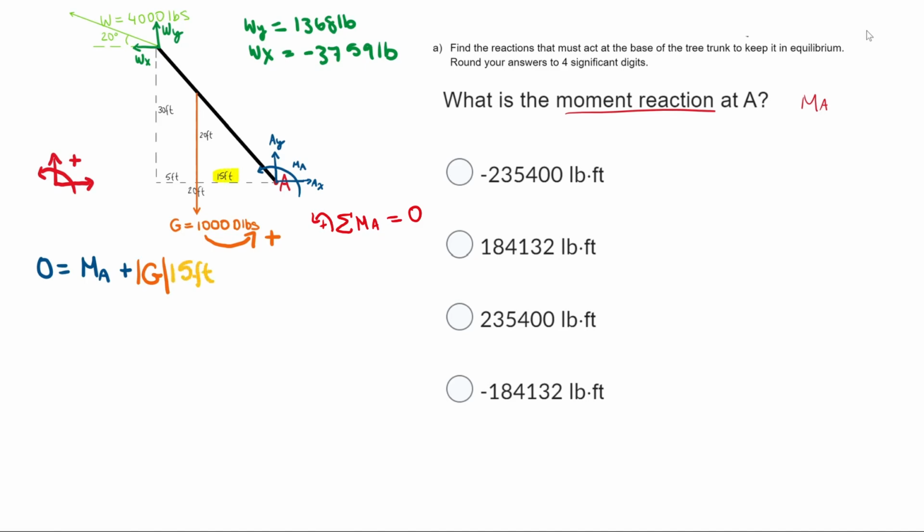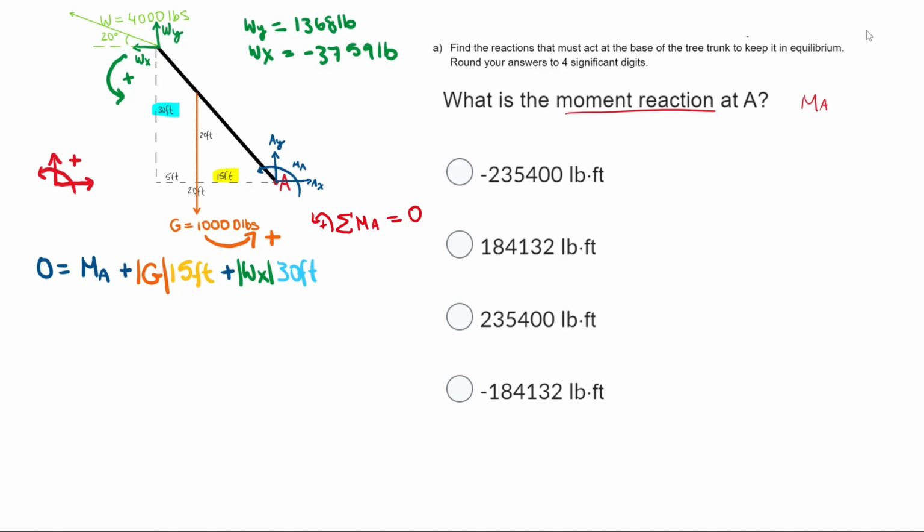Then, if we look at WX, it pulls to the left, which will also give us a counterclockwise moment at point A. So it's also positive. So we add the absolute value of Wx multiplied by its perpendicular distance, which is 30 feet.